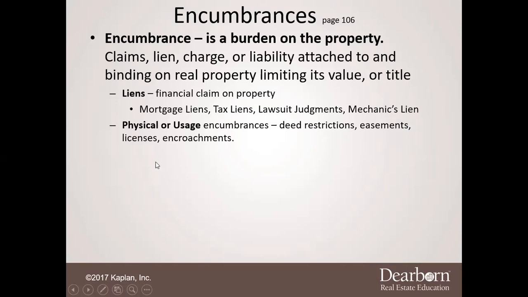So we're going to learn about easements and licenses and encroachments in a little while. We already learned about deed restrictions. Those are restrictions that could limit how you could use the property. So that's a usage restriction. So these restrictions do affect the property's value and or title.